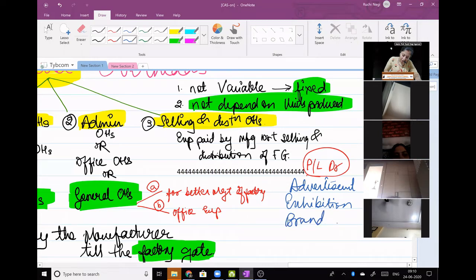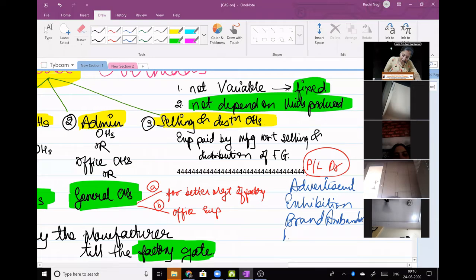Say you have hired Amitabh Bachchan, and he is doing branding for your product. So obviously it will boost your sales. The fees which you will pay to Mr. Amitabh Bachchan will be called brand ambassador fees under the heading selling and distribution overheads.